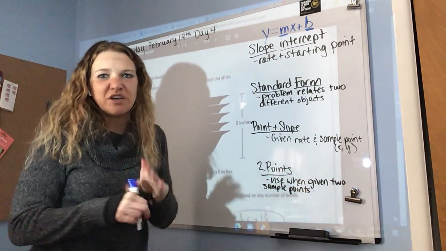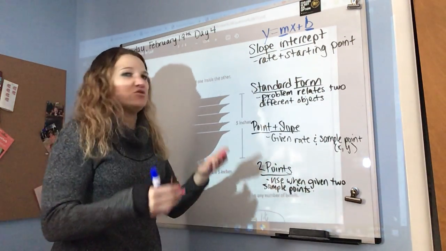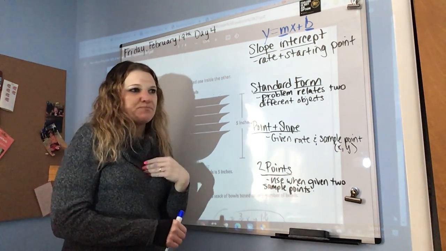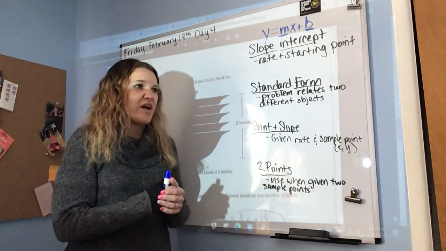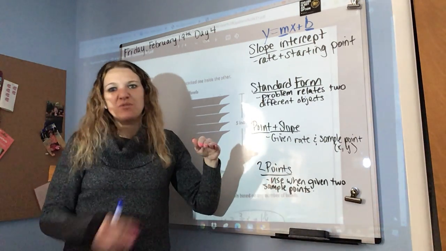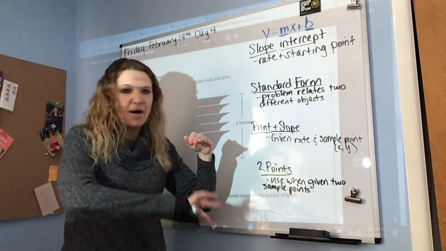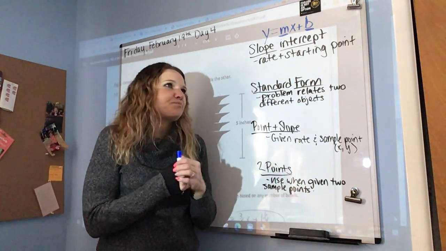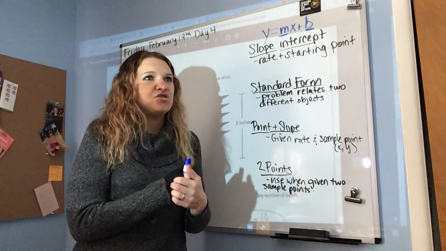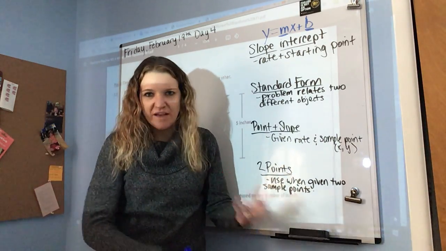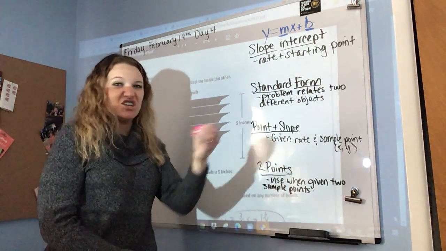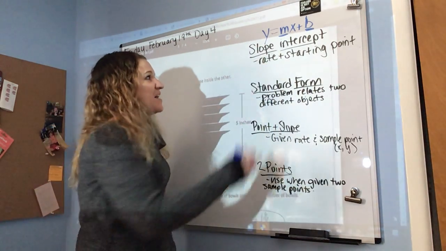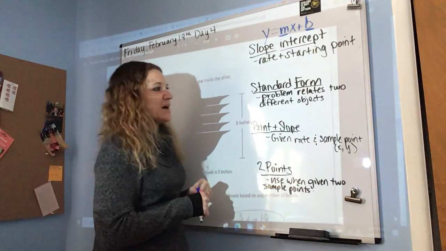In these situations the word problem usually gives you a starting point, something that's not going to change, like an admission fee to get into a fair, or the height of a plant when it was first potted before the years of growth. The admission to get into somewhere before you start paying for a ride, any initial starting point, and then also the rate of change, that would be the m. That's when you would use slope-intercept.